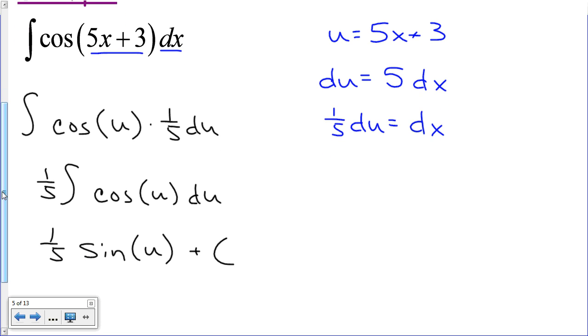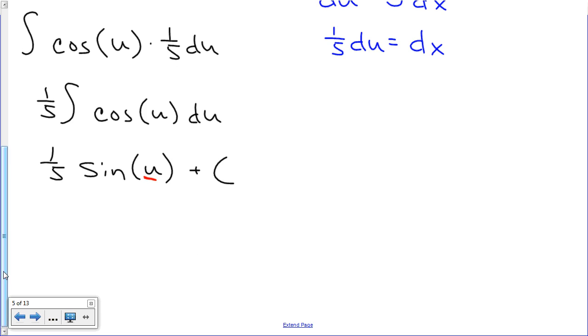I end up down here with an answer that's in terms of u. So I need to replace u with what it's equal to, but up here I told you u is equal to 5x plus 3. So we can just simply substitute that into our answer down here, and we'd end up with 1/5 the sine of 5x plus 3 plus c.